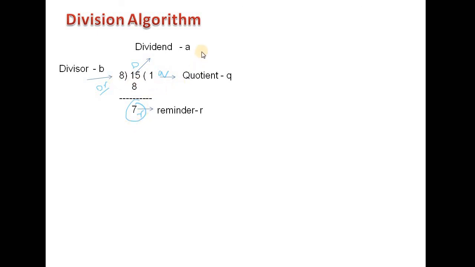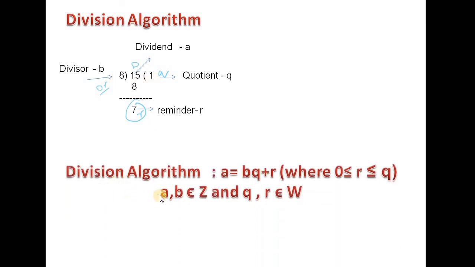That means A is equal to BQ plus R. That is what our division algorithm says, where 0 is less than or equal to R, less than B.